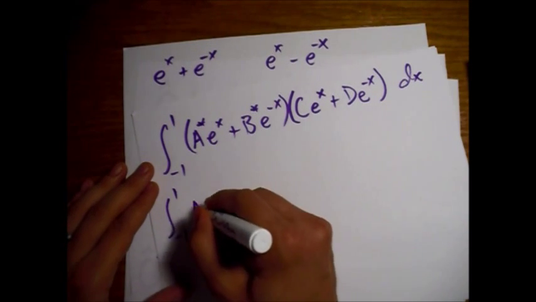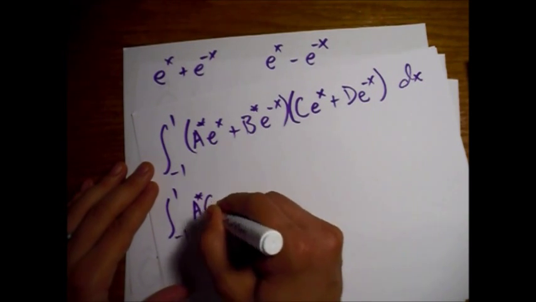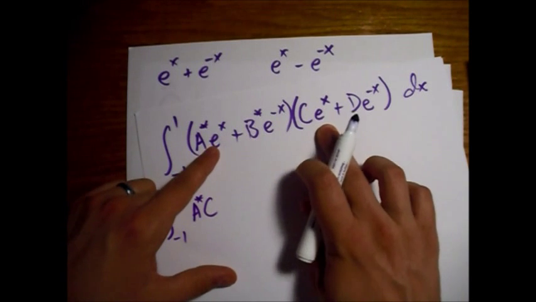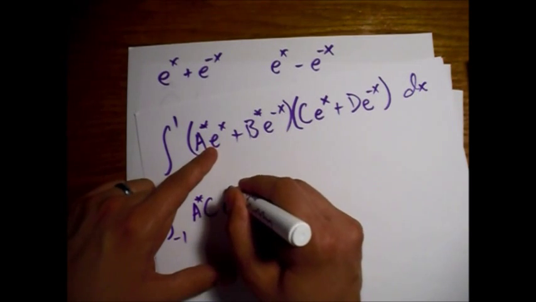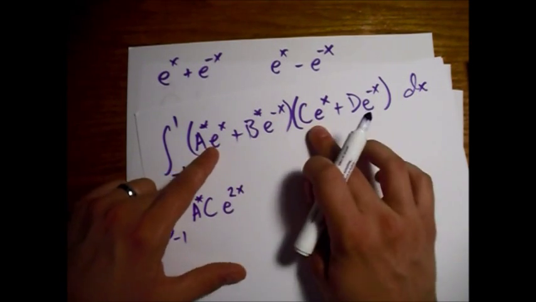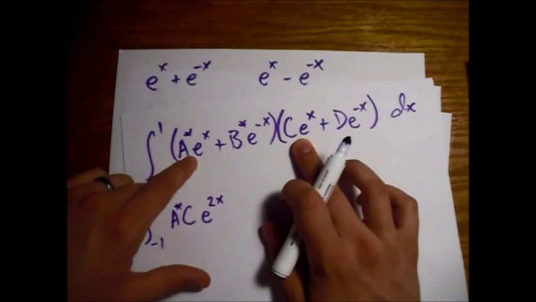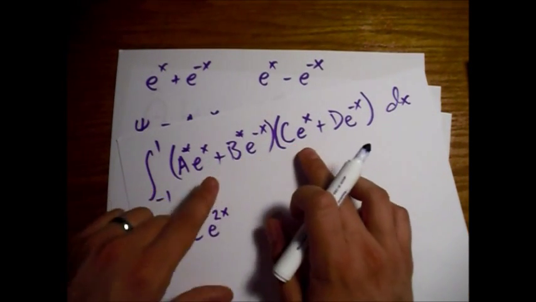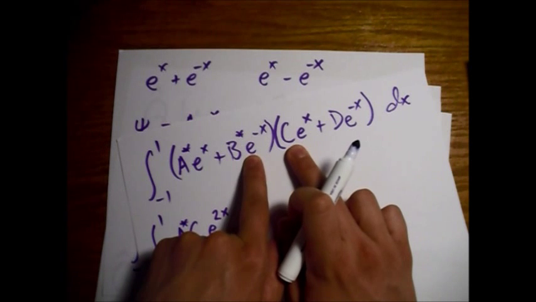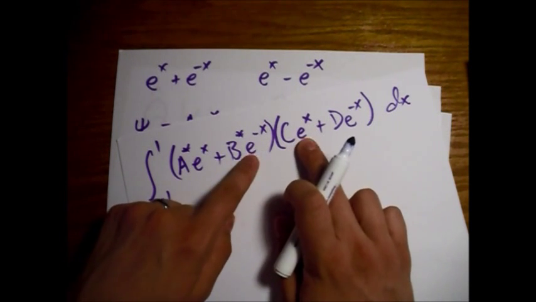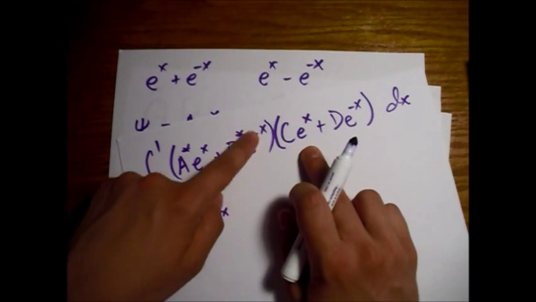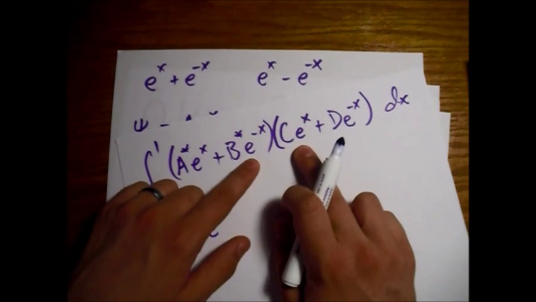Okay, here we go. So we have an A star multiplied by C, just taking this first product here. And then taking the product of these guys, this e to the x multiplied by e to the minus x, that's just going to divide out, right?